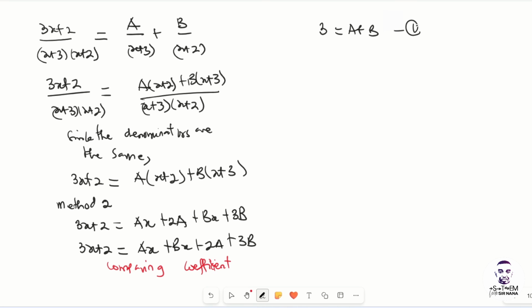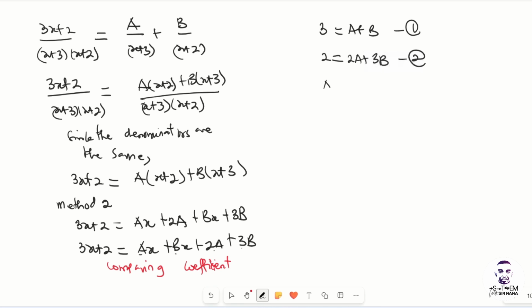So we call it equation 1. So this a has x term, b has x term. And then we take the constant 2, and then we compare it to the constants here. 2a is a constant, 3b is a constant, because a and b give us a constant value. So it's equal to 2a plus 3b. That's equation 2. So we see that we get a simultaneous equation involving two variables.